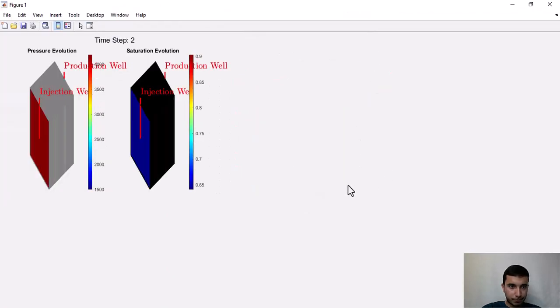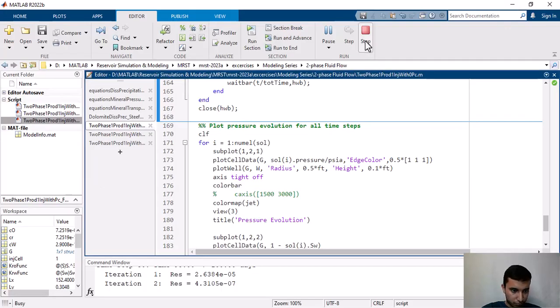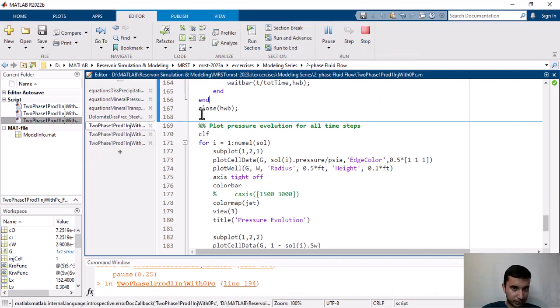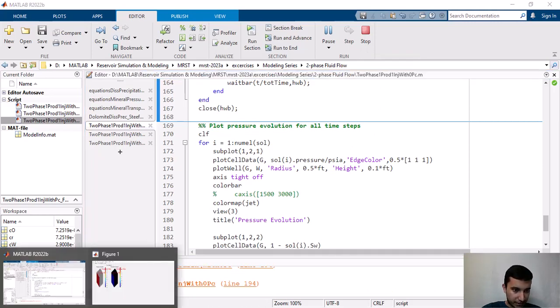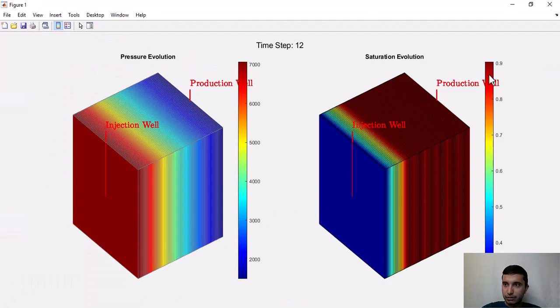As you see, these are the three-dimensional outputs of the model, but because it's taking a lot of energy of the laptop, it didn't give me very good results.